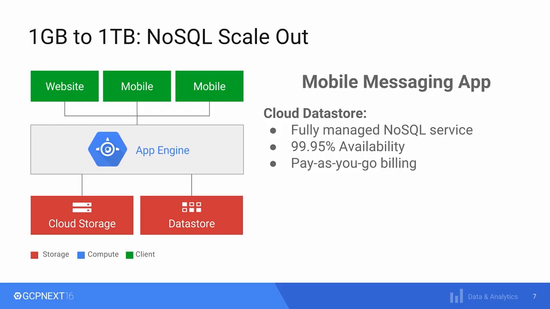Cloud Datastore, fully managed NoSQL service. So it is, again, I try to position it and talk about it as a document store type use case. There's no schema. You drop data in. We do some inference on the data to make it easy to store and make it as performant as possible. But it is different than Cloud SQL. So Cloud SQL is a dedicated resource system where you say, this is my VM, this is my compute. And so you can do whatever you want to that capacity.